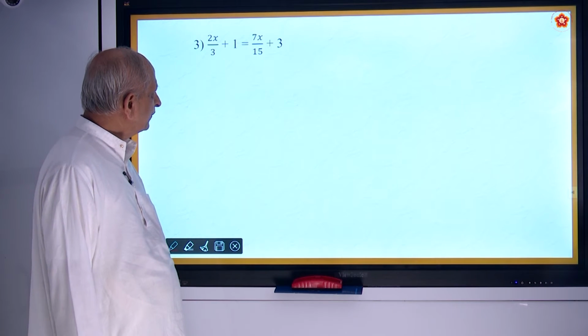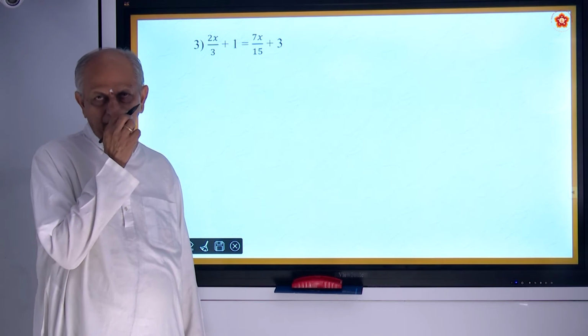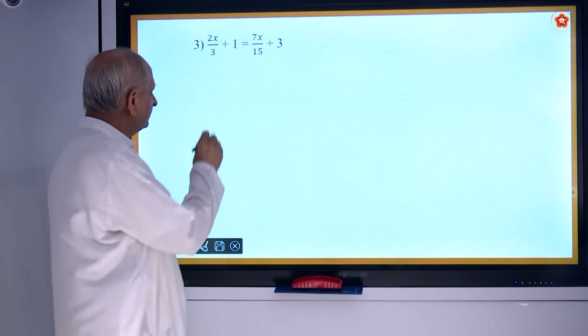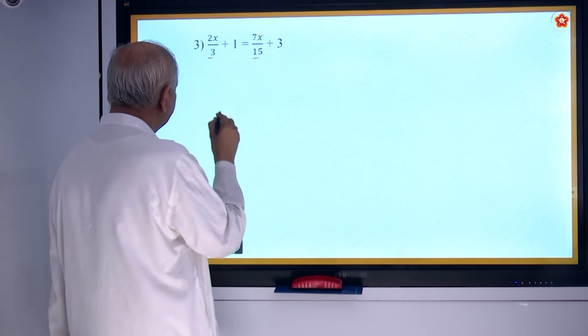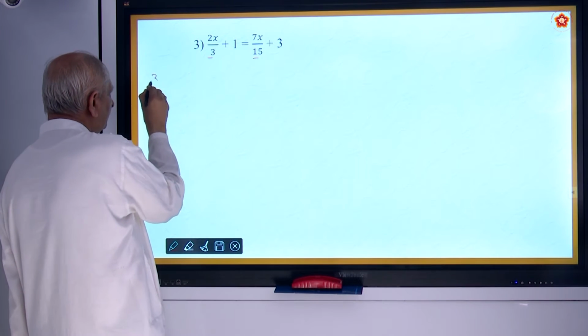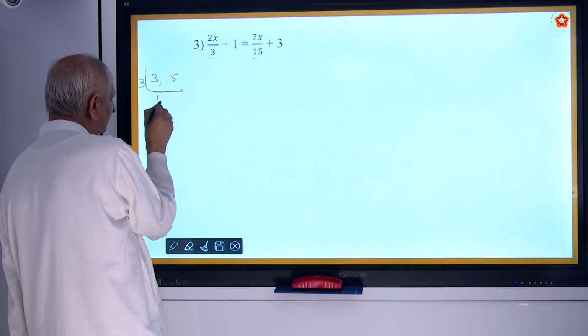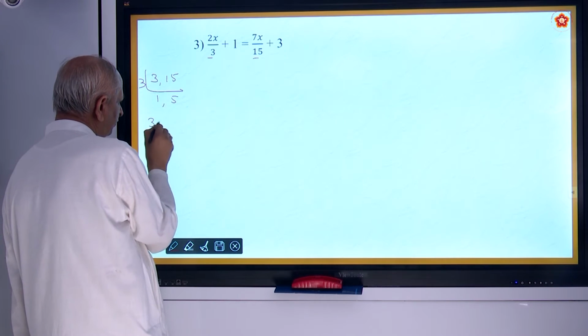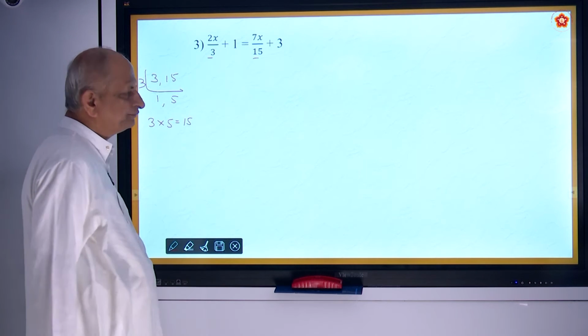2x by 3 plus 1 is equal to 7x by 15 plus 3. There is a fraction here. So, in case of fractions, you must take the LCM of these two. What is the LCM of 3 and 15? How to do LCM? We studied in previous classes. 3 fives are 15. So, 3 into 5, that is 15, is the LCM.